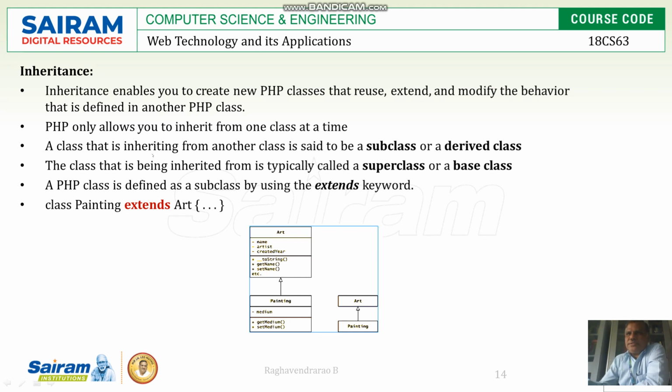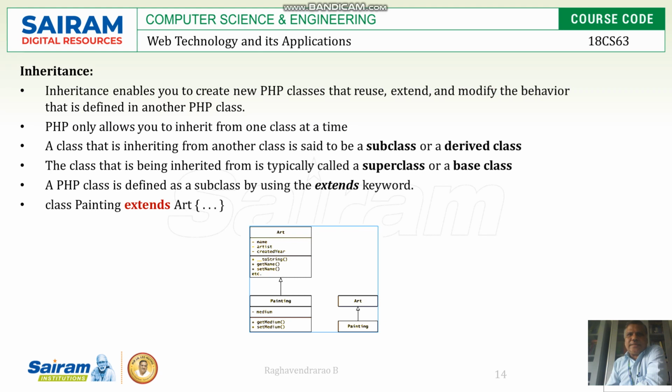Data encapsulation, then class, object, then inheritance. Inheritance is nothing but subclasses being present, where one more class is getting inherited. It's nothing but a family inheritance, father then child.